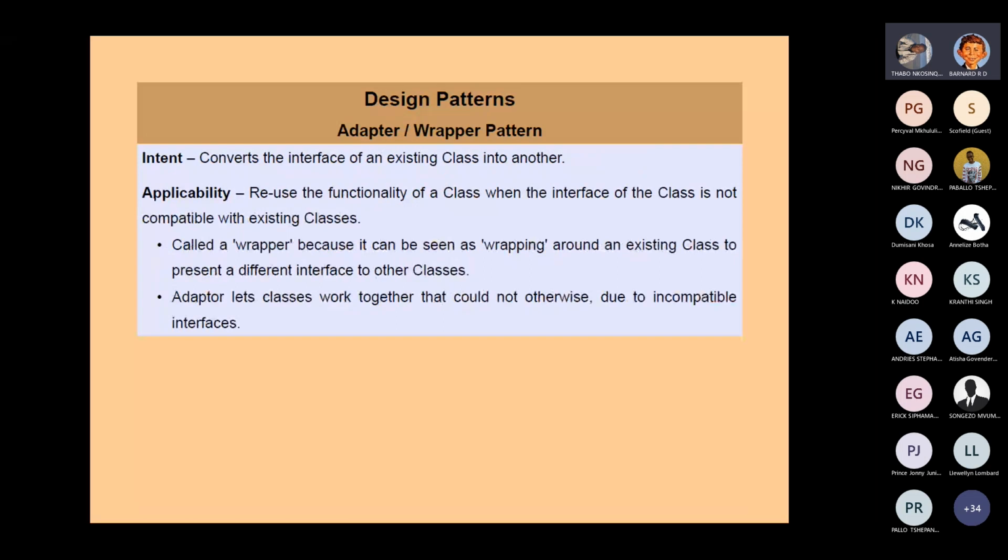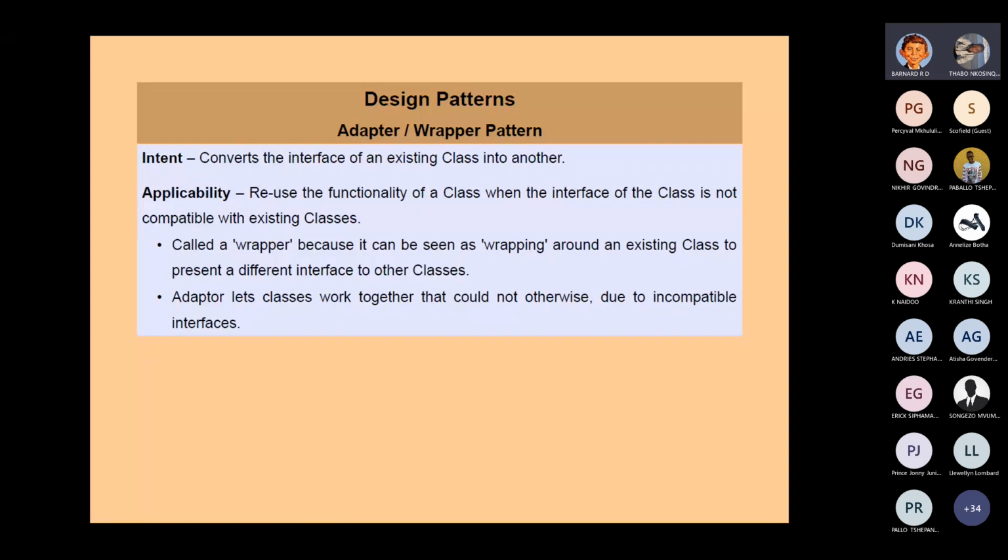Then the adapter and wrapper pattern, again, is another one. Just have a brief idea of what it's about. You don't need to know any detail about this. But it's very similar to the facade pattern. It simply converts the interface of an existing class into another. You use it if, say, you have an existing class which has an interface that is not really compatible with your existing classes or your existing application.